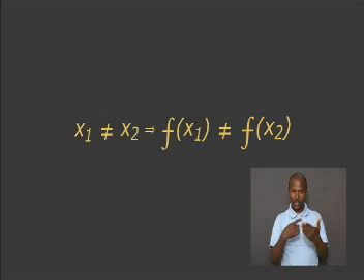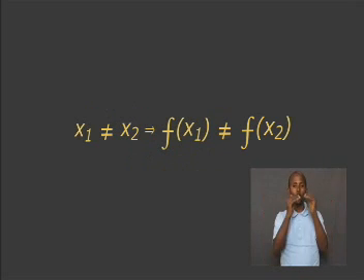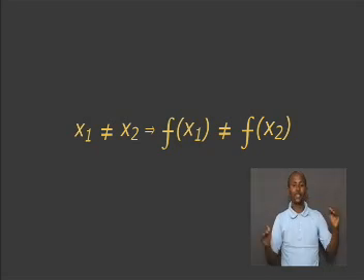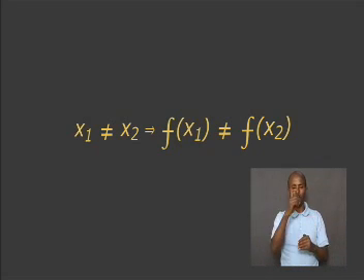This is the same as saying that if x1 does not equal x2, then f of x1 cannot equal f of x2. If a function is depicted in a graph, there is another way of checking whether it is a one-to-one function.